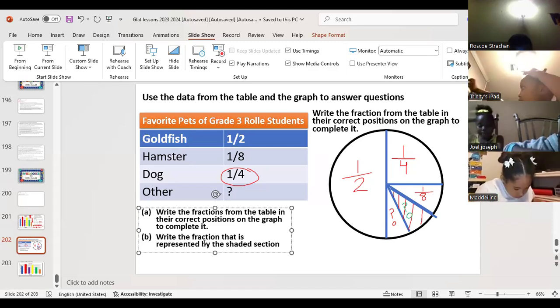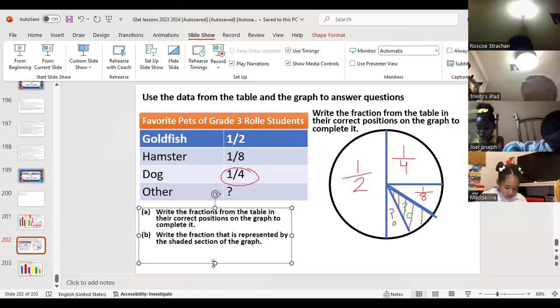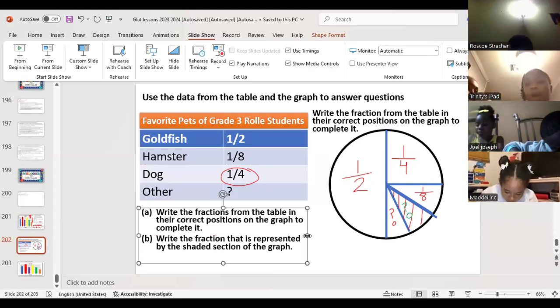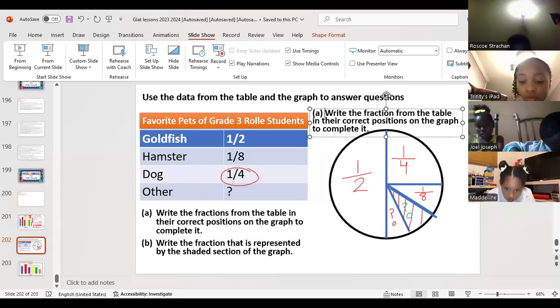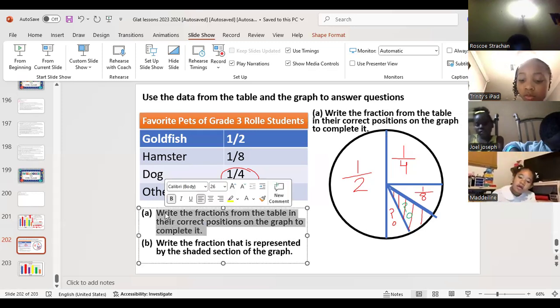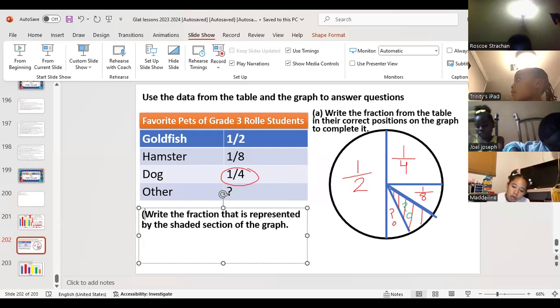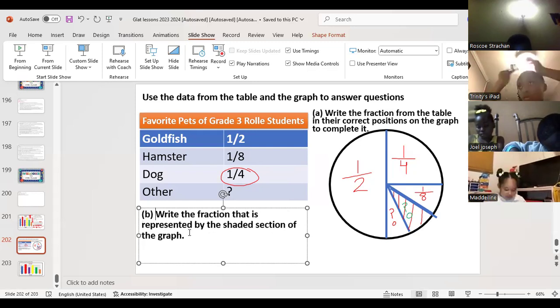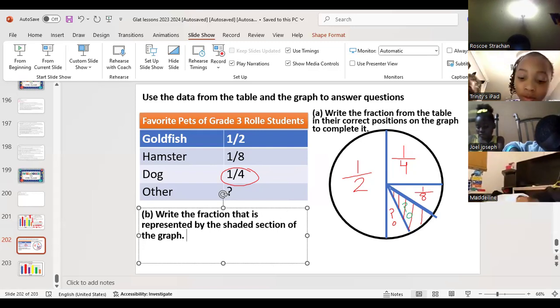When you write the fraction from the table, on top of the circle, right? You want us to write it again? Oh, I already have that for A. Okay, thank you. So we already have it. So this is B now. Write the fraction that is represented by the shaded section of the graph.